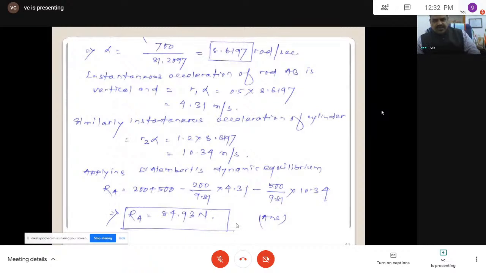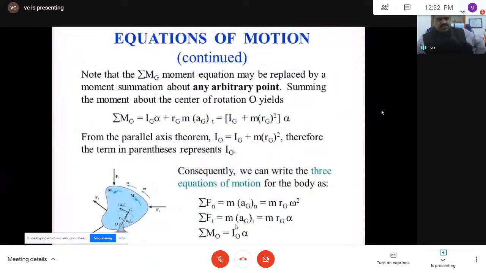So this is what we will generally be asking in the problems. This is a general Mg is equal to I_G alpha into m r_G, that is, into the acceleration of that particular point, or in other words, the parallel axis theorem: I alpha, where I is the mass moment of inertia passing through this axis, equal to I_G plus m r_G square, the distance, into alpha.